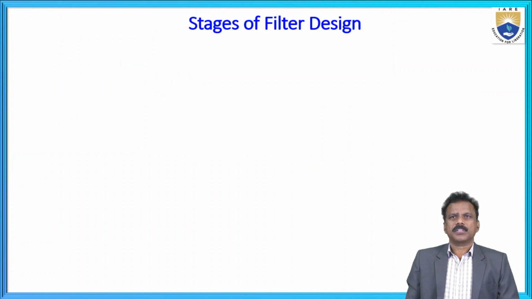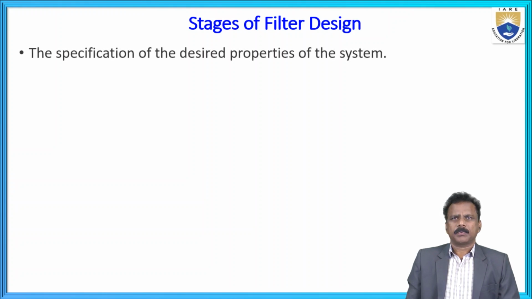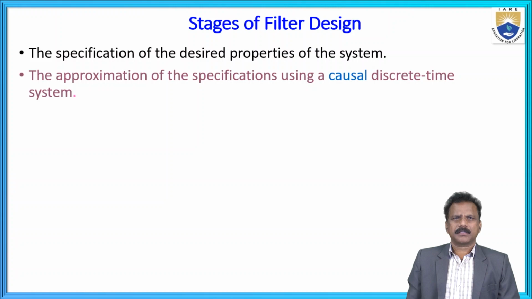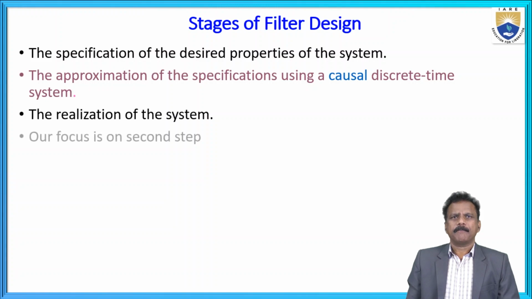So what are the stages of filter design? The specification of the desired properties of the system, the approximation of the specification using a causal discrete time system, and the realization of the system.